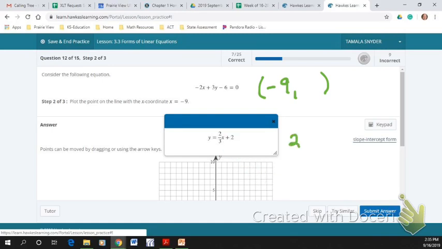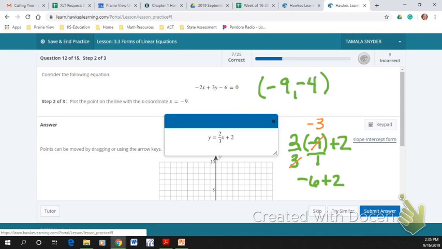Okay, so 2/3 times -9 plus 2. Replace x with -9 and work it out. So what happens right here? Let me just do -3. So 2 times -3 is what? -6. So what's -6 plus 2? -4. Okay, so there's your point.